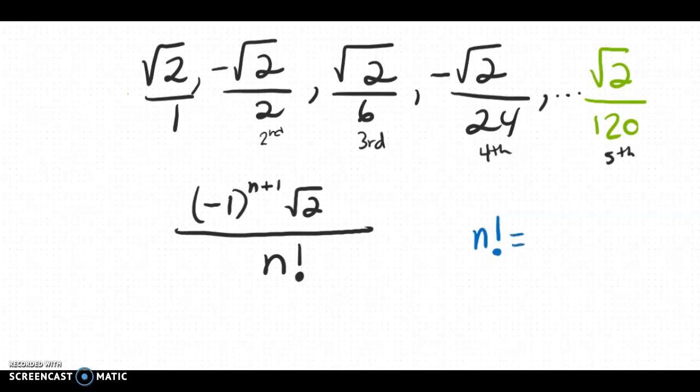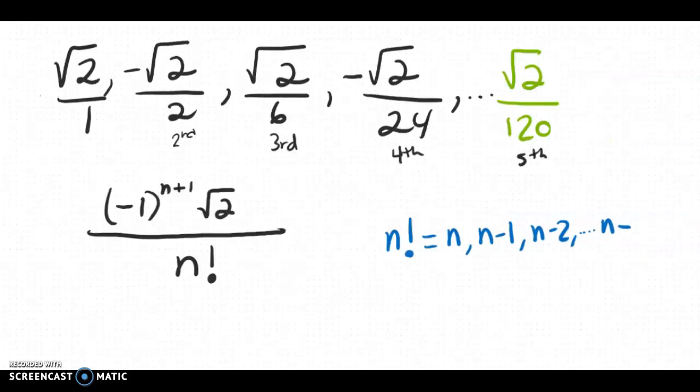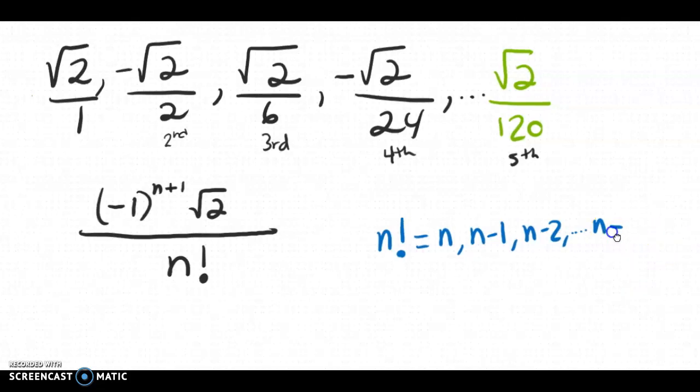N factorial is equal to n times n minus 1 times n minus 2, and so on all the way down to 3 times 2 times 1.